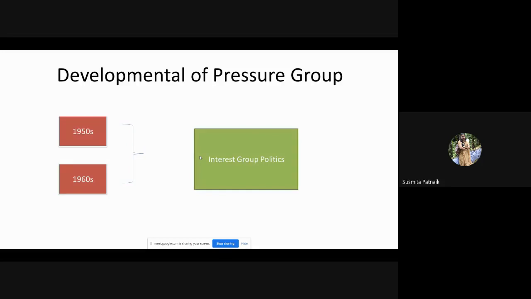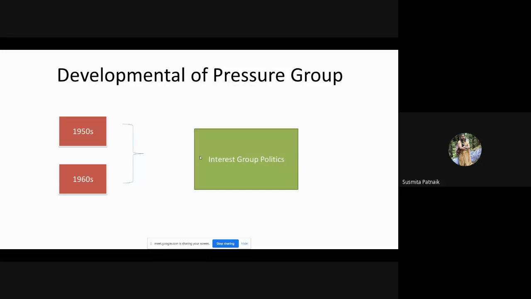The United States of America is the first country which started the pressure group policy, during the period of 1950. Before that, there were no pressure groups. In countries, there were different types of rulers, either totalitarian rulers or autocratic rulers.